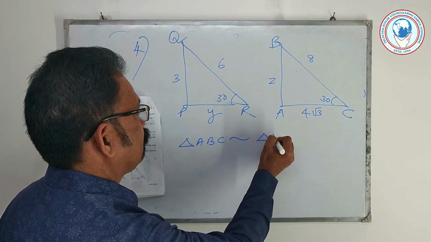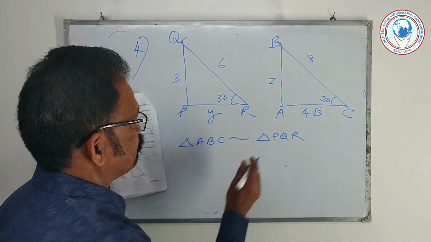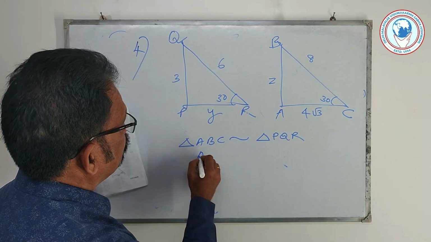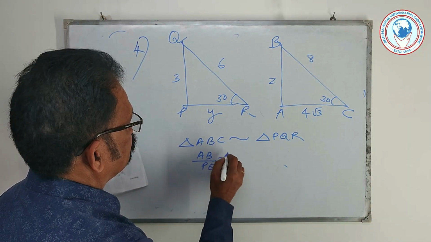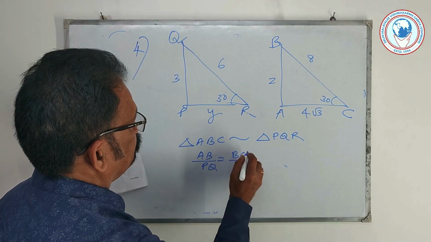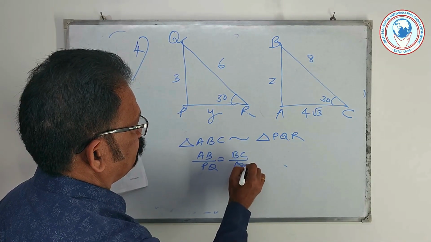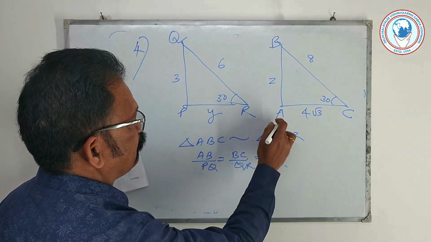Triangle ABC and PQR are similar. Therefore, AB by PQ is equal to BC by QR is equal to AC by PR.